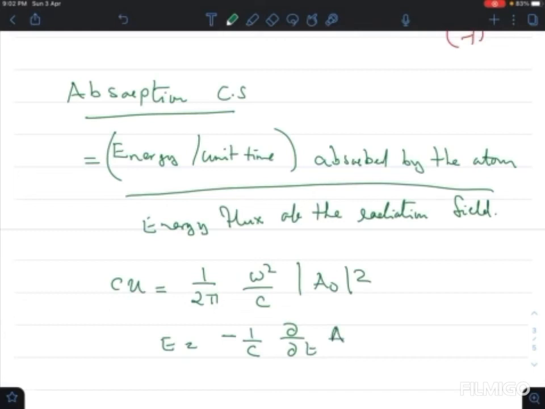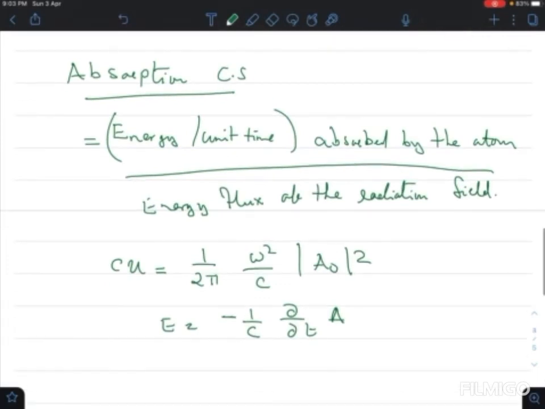Putting everything together, we have absorption cross section, which is represented as σ_abs is equal to, okay, energy is we have ħω. Then how much it is absorbed, that is given with i to n.